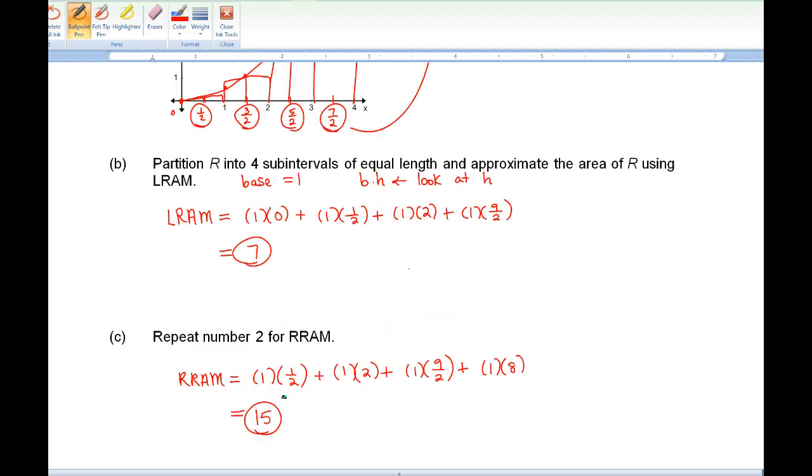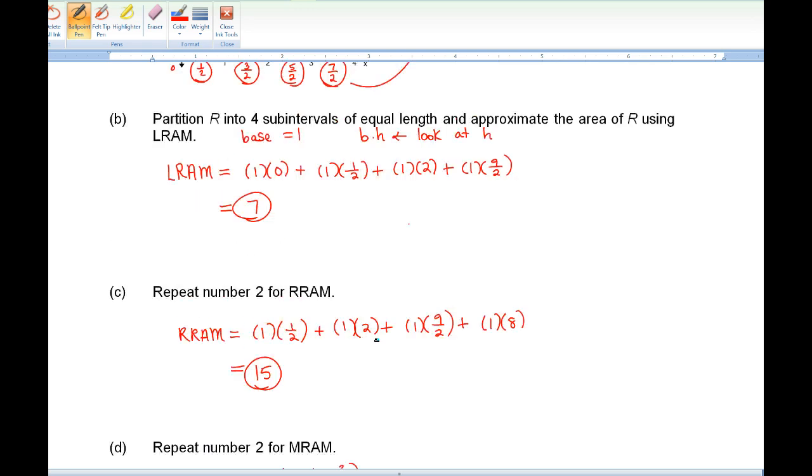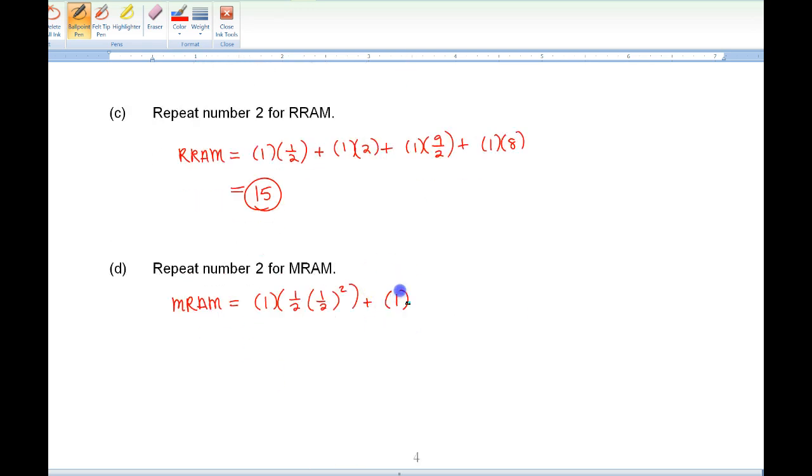Now when I plug in 1/2, it's like 1/2 times 1/2 squared. Next one is 3/2, so it's going to be 1/2 times 3/2 squared. Next one is 5/2 squared. And finally the last one, 1 times 1/2 times 7/2 squared.